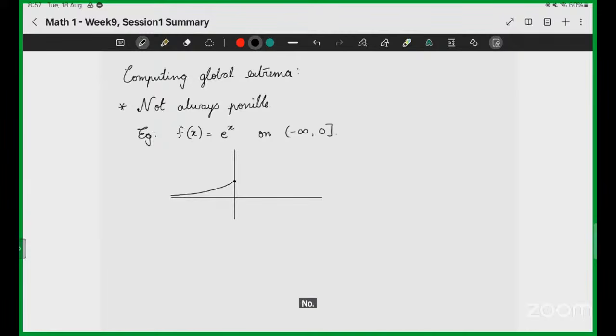No. The global maximum does exist because x is equal to 0 is a maximum. We have included 0 in the domain, and f of 0 is 1. And every other point on the domain, the function value is lesser.